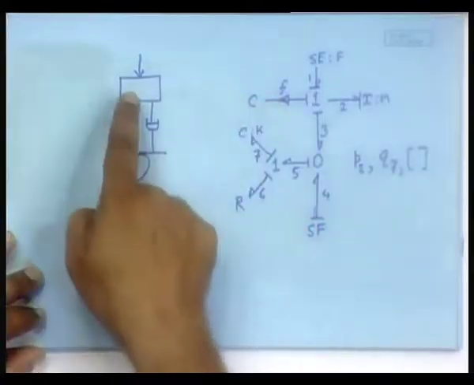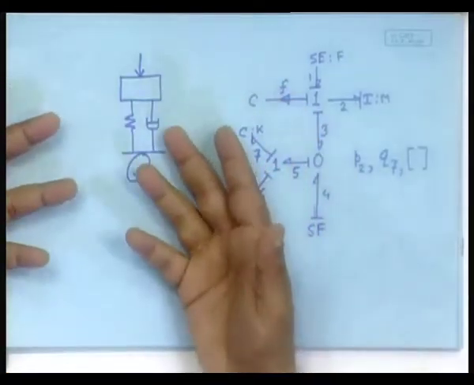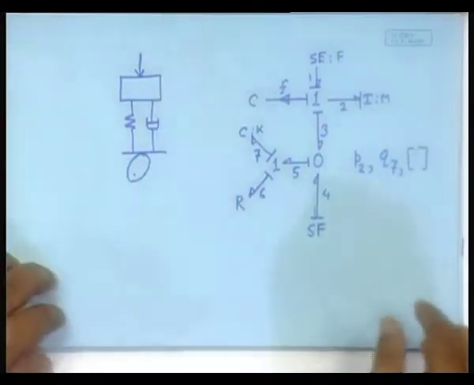Fine. So, the other situation that can often arise is where this particular thing, that means the position sense, is used to do some control. Let us illustrate one situation. Suppose we consider whatever we did earlier.